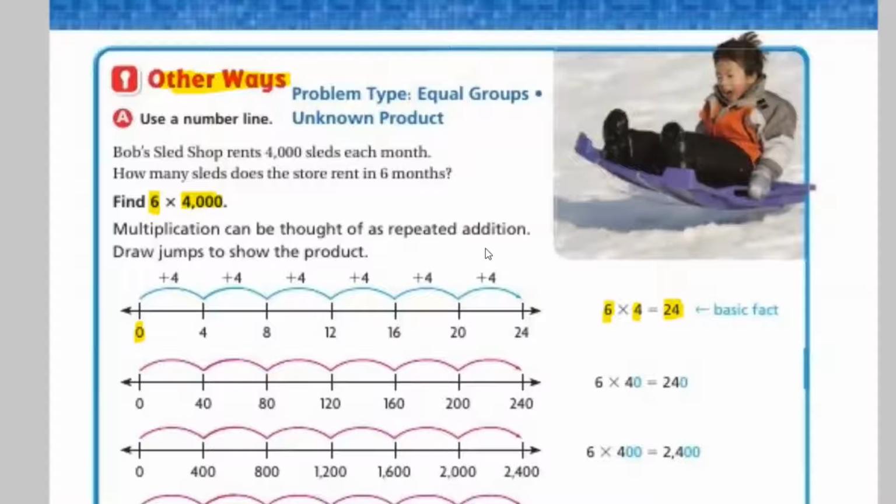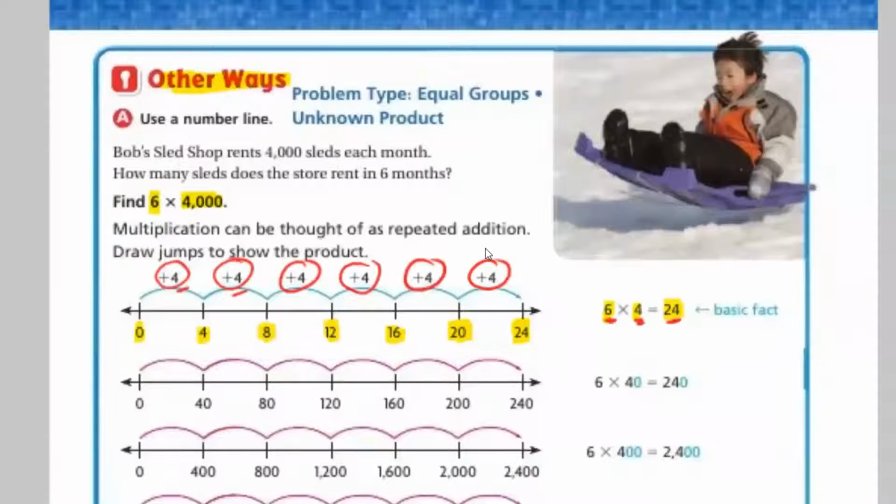So add 4 each time. It will be 4, 8, 12, 16, 20, 24. If you notice, 4 is repeated how many times? 1, 2, 3, 4, 5, 6. So 4 is repeated 6 times. So we can say 6 multiplied by 4 equals 24.